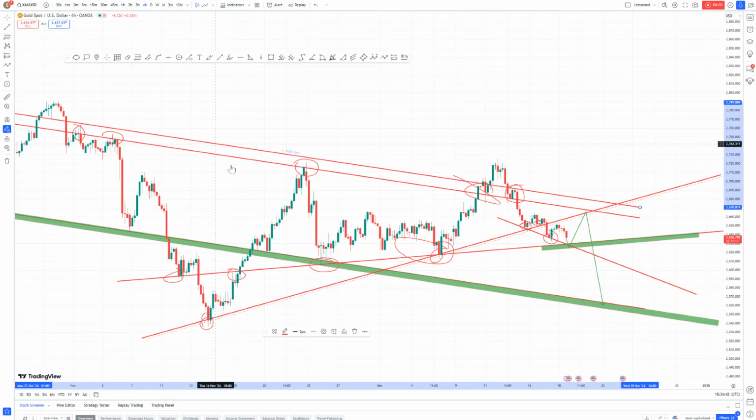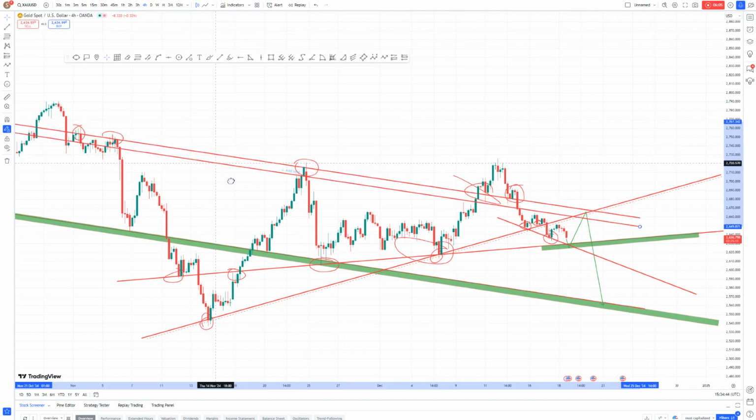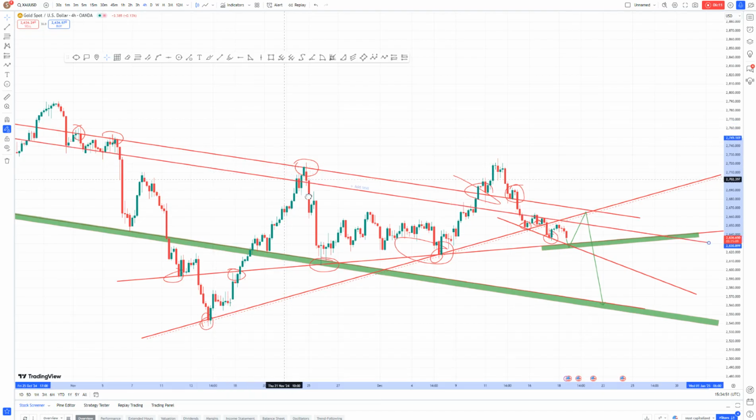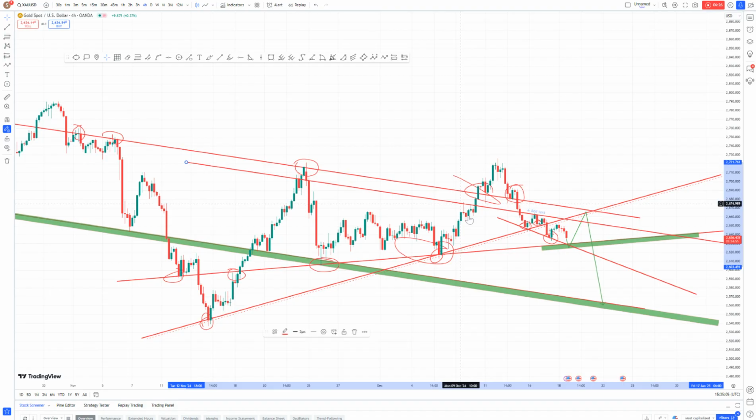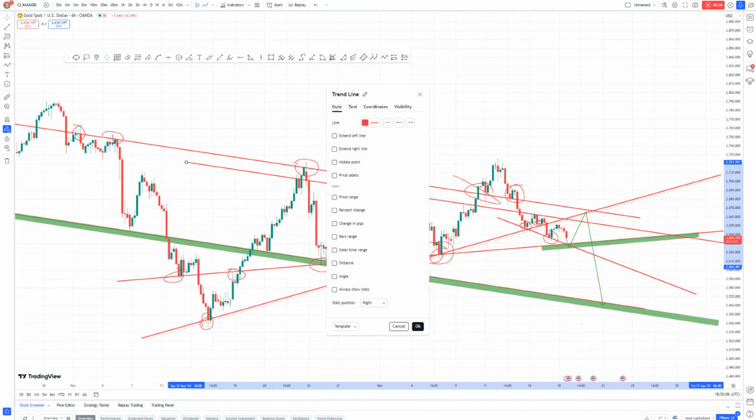So this is what we have, and this is how we see markets, and that's how market reacts. So you see it. So that's how market reacts all the time.